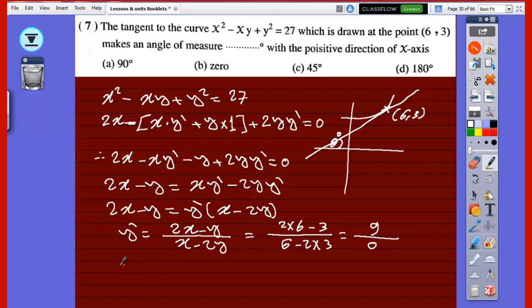So the slope y' is undefined. In this case the tangent is parallel to the y-axis, and the measure of the angle between the tangent and the positive direction of the x-axis equals 90 degrees, then theta equals 90 degrees.